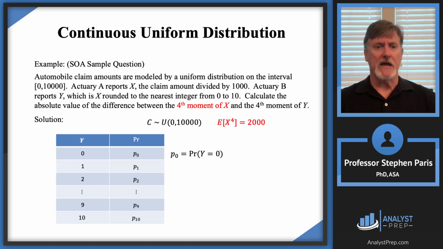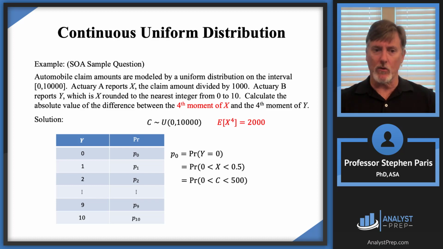Well, cap Y is the cap X random variable rounded to the nearest integer. So to say that cap Y is 0 is the same as to say that cap X is between a 0 and a 0.5. And now, how did you get a cap X value between a 0 and a 0.5? Well, that came from having a cap C value between a 0 and 500. So I'm relating it all the way back to the cap C, which I know the distribution for cap C is this uniform distribution.